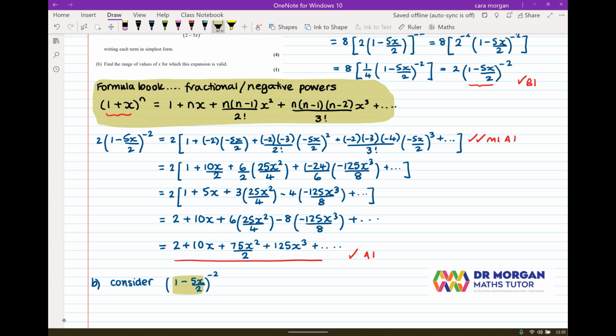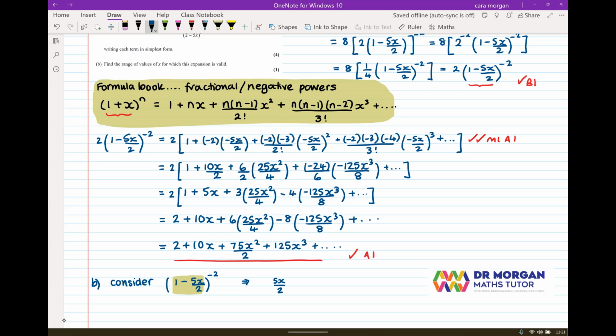Now, if 5x over 2 was equal to 1, then 1 subtract 1 would be 0. So that wouldn't be an expansion at all. I think, therefore, that implies that 5x over 2 is going to have to be smaller than 1.